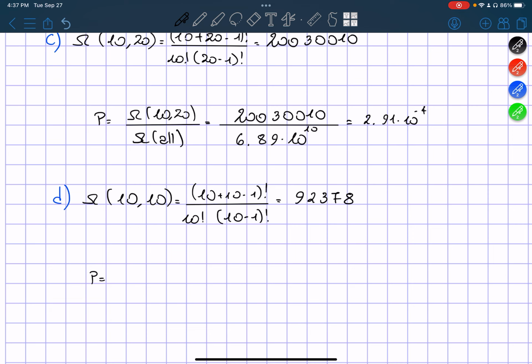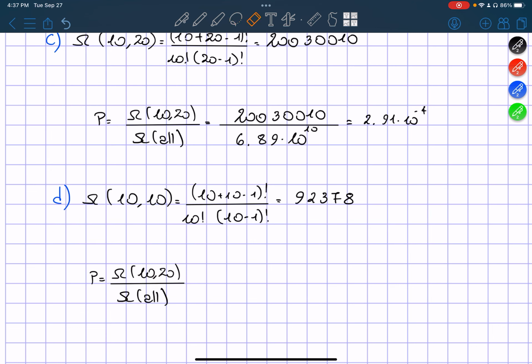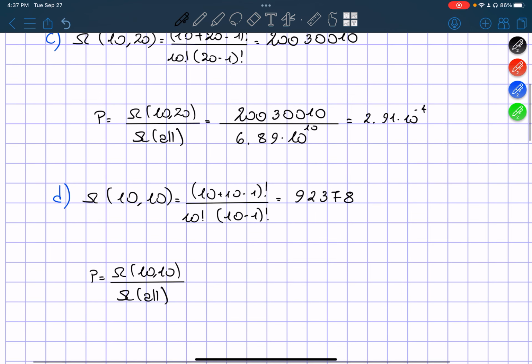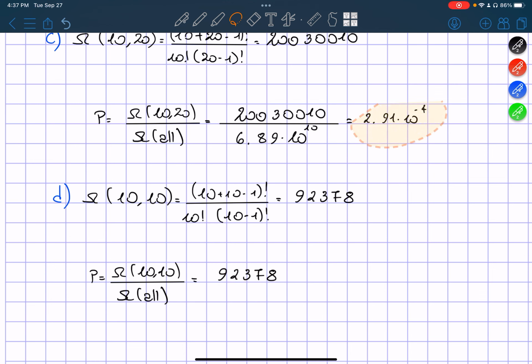And the probability would be the same formula over here, just changed. This seems wrong.